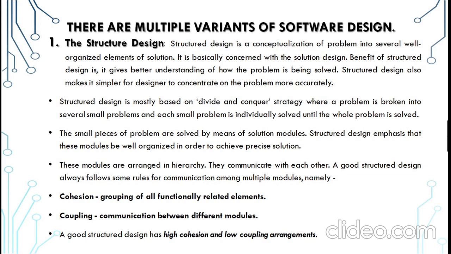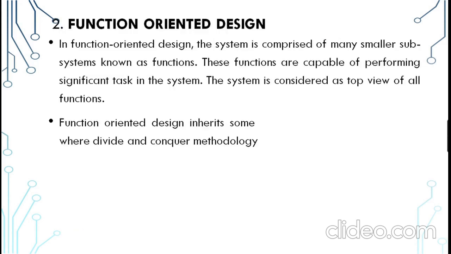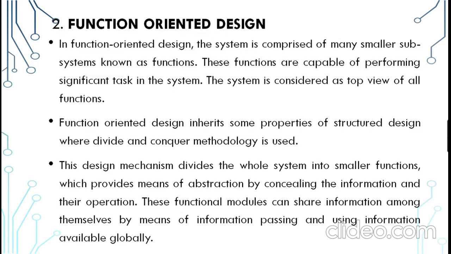For example, cohesion is the grouping of all the functionalities related to the elements which belong to a module, whereas coupling is used to have the communication between the different modules. And we always say that a good structured design has high cohesion and low coupling arrangements.